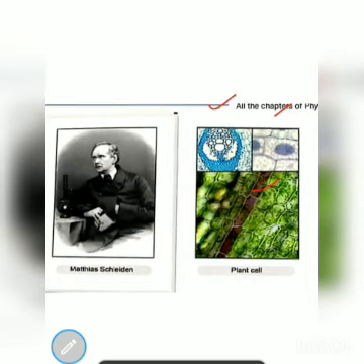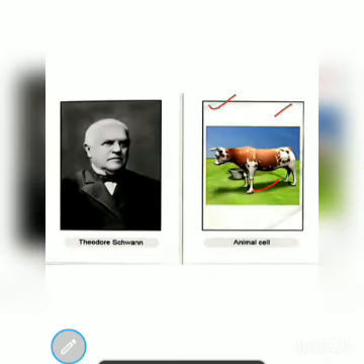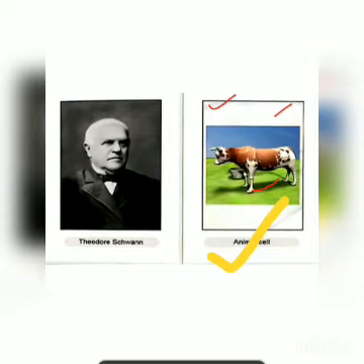Now come to the next slide. Look here, another person in the cell theory concept is Theodor Schwann. Theodor Schwann proposed that all animals and plants have a membrane around them.